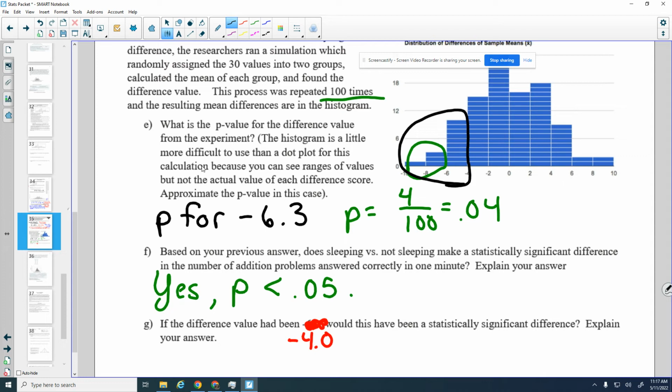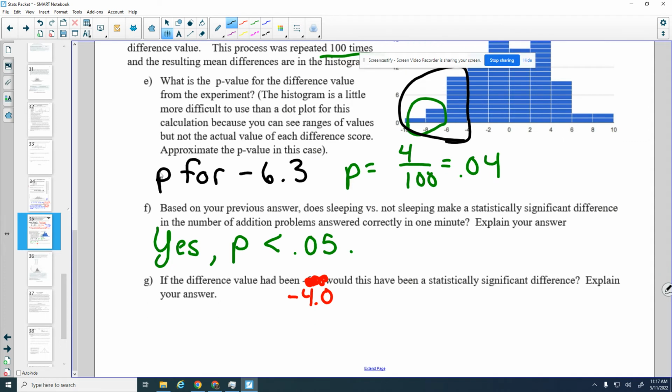Okay, so in that case, P would be 14 out of the 100. Okay, so on this one, we would say no, it's not statistically significant because P is greater than 0.05. So that's our cutoff. We're still using 95%. We're just looking at the one side for the 5% versus the two tails with 2.5%.